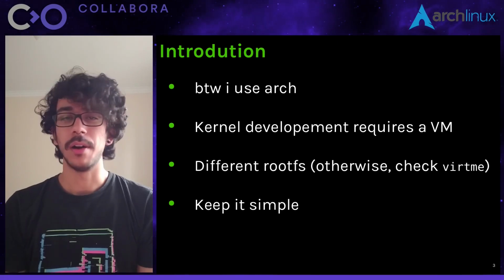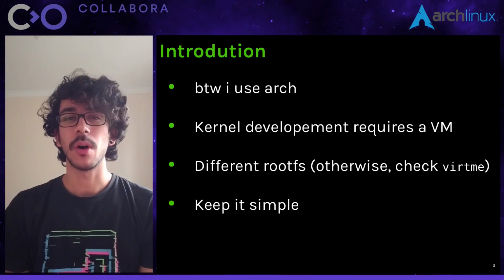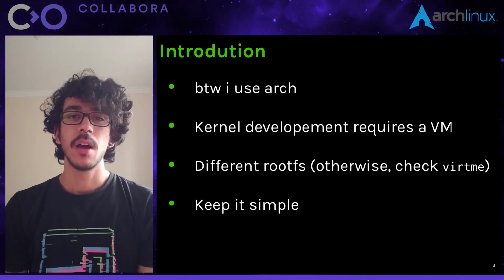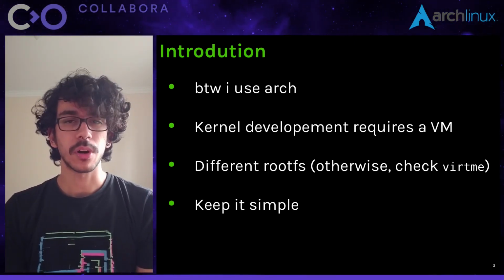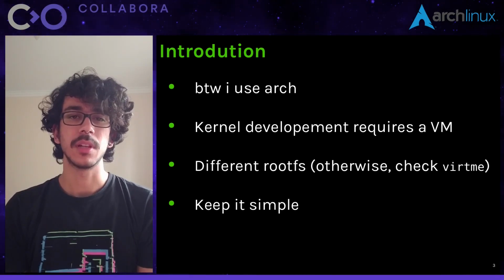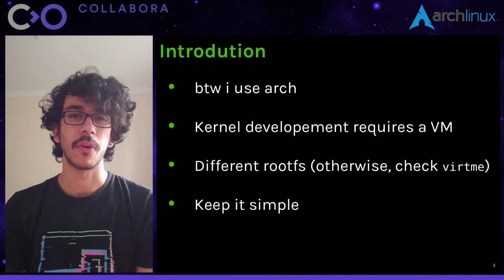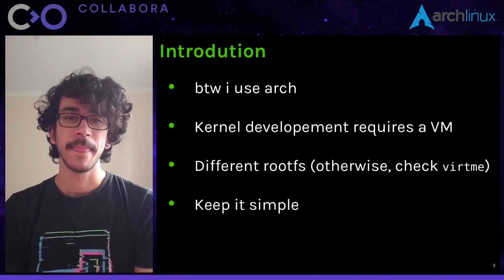Also, in this tutorial, I'm showing how to use a virtual machine, because booting your own custom kernel requires some time, and it's very painful to reboot your machine just to check if your print is working.